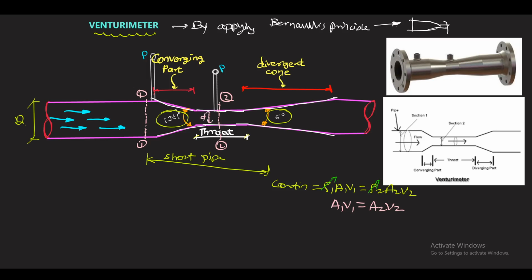So small d is less than capital D, that means A2 is less than A1, and if A2 is less than A1, what does it imply? It implies that the velocity at point 2 must be greater than the velocity at point 1 in order to satisfy this continuity equation.